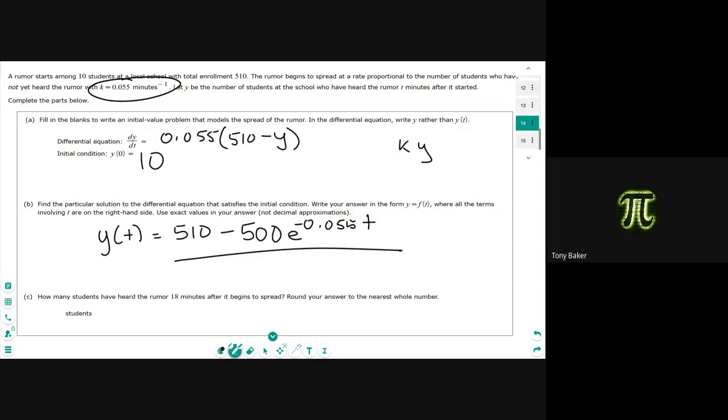And then T. Why is it negative? Because the amount of students who don't know is decreasing. Right. So you're starting off, we have 510 students, 500 students who don't know about the rumor, and that keeps going down. The amount of students who don't know about the rumor.